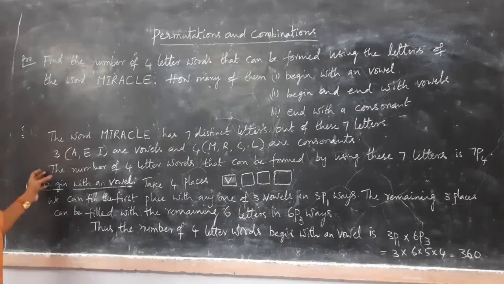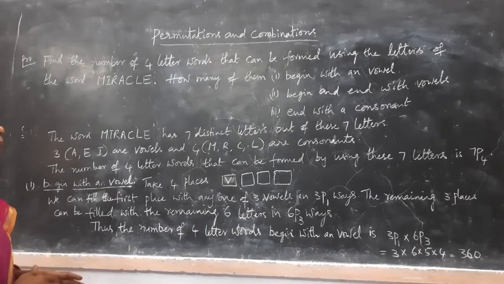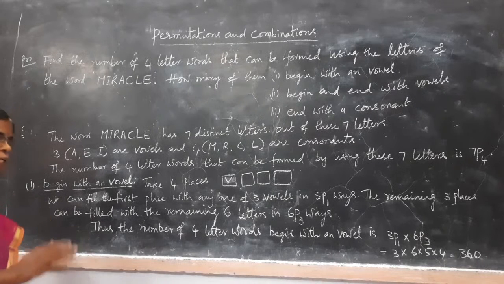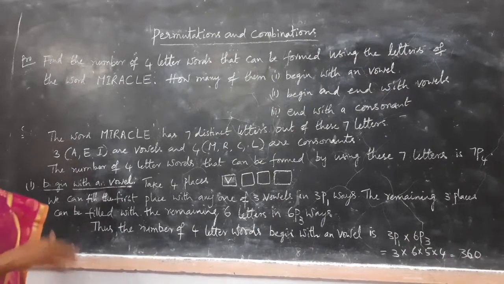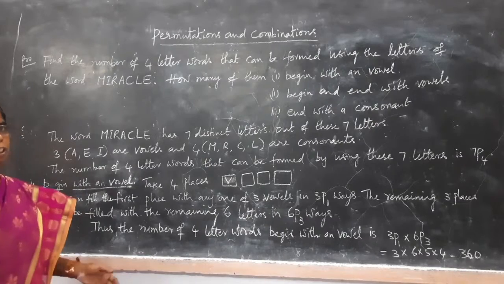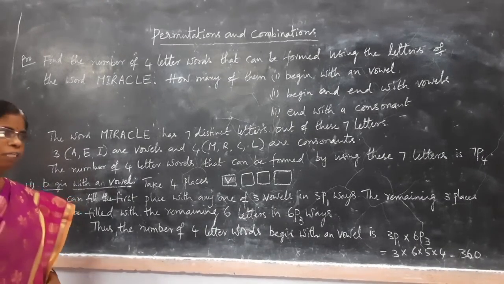Therefore the number of arrangements containing 4 letters out of 7 distinct letters is 7P4. Whenever we arrange 4 letters, we get another word irrespective of the meaning. Okay.